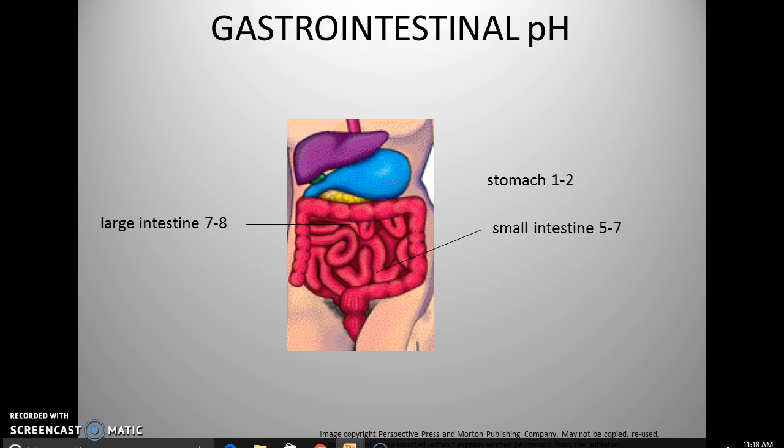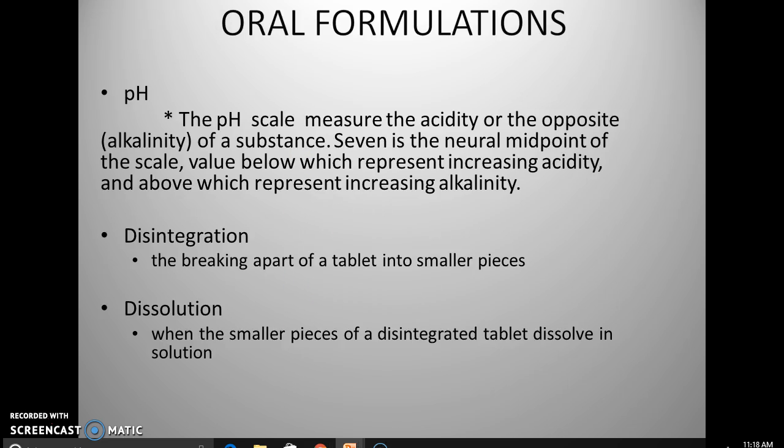And this is just an example of gastrointestinal pH.